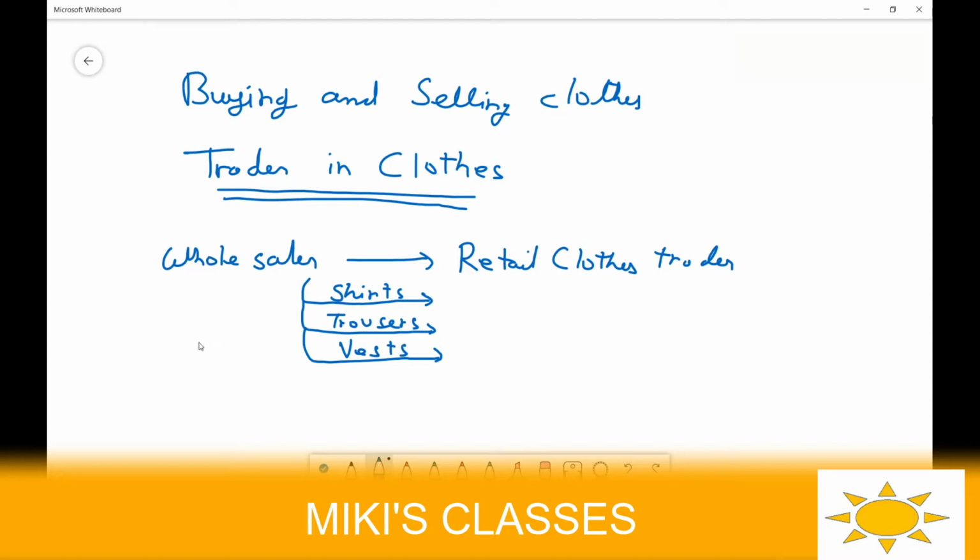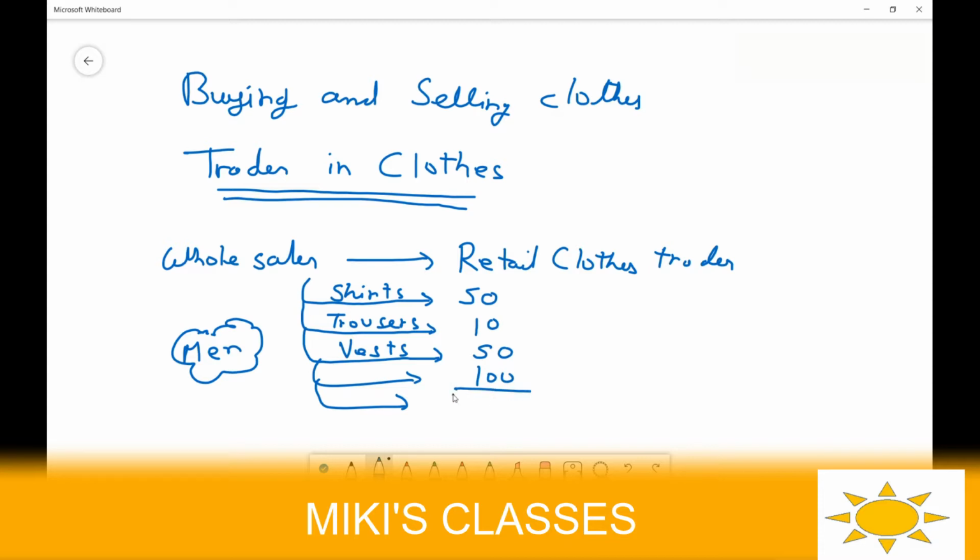So I'm assuming this is a store for men. And there would be other items. Now, suppose you have bought 50 pieces of shirt, 10 pieces of trousers, some 50 pieces of vests, 100 pieces of some other item.